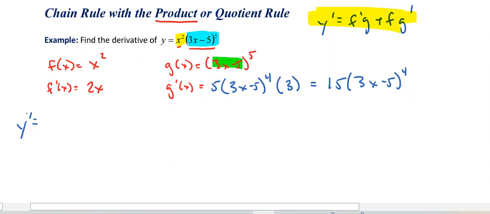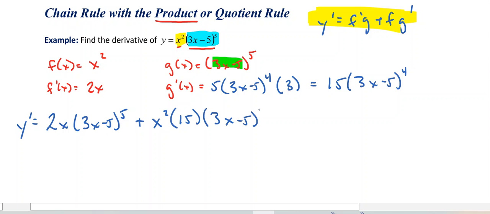So f prime is 2x times g, which is (3x minus 5) to the fifth, plus f, which is x squared, times g prime, which is 15, I'm going to put that in parentheses, times (3x minus 5) to the fourth. And so that is the derivative, unsimplified, using both the chain rule and the product rule.